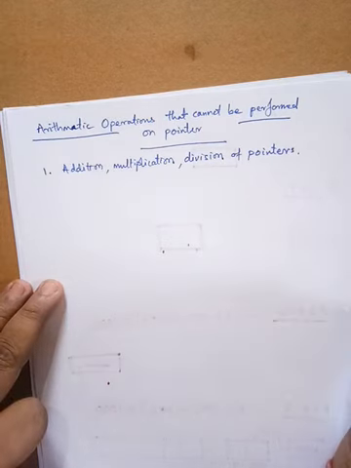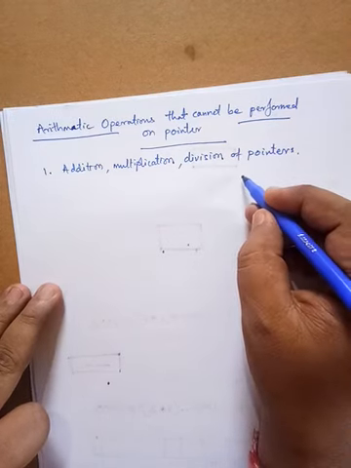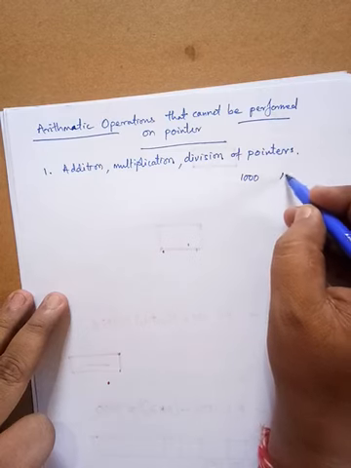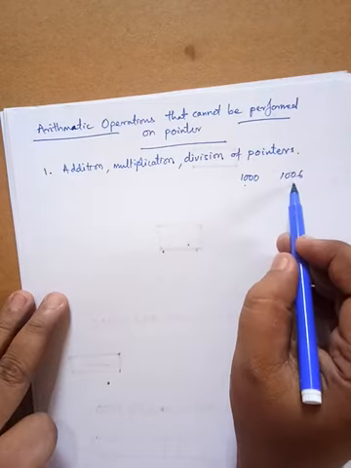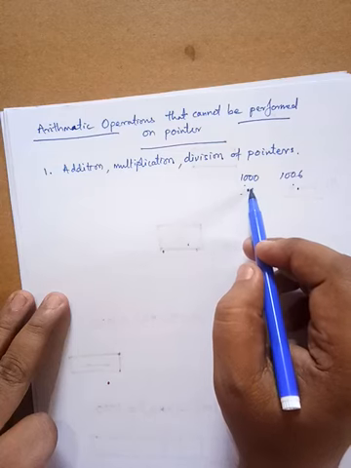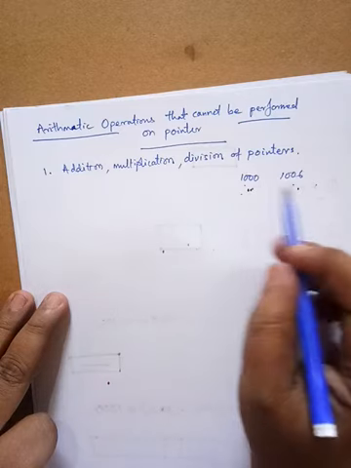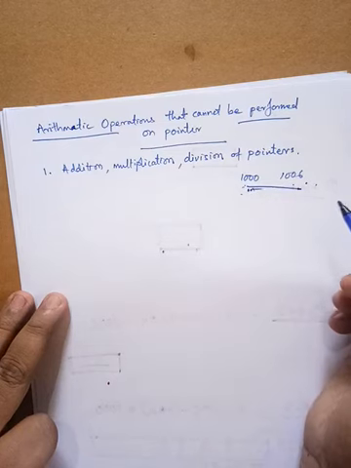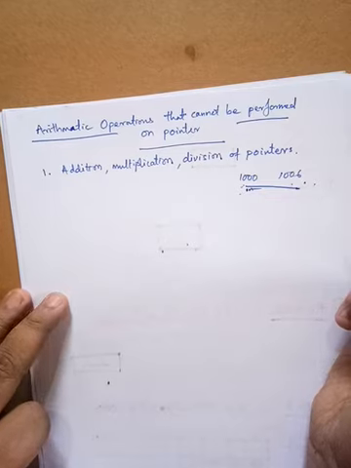You can see one example. When you add two pointers, suppose one pointer holds the address 1000 and another pointer holds the address 1006. When you add these two pointer values, the result will point to a location that is not present in the memory. Suppose you add these two pointers, the value will be 2006, and the 2006 memory location may not be present in your memory.